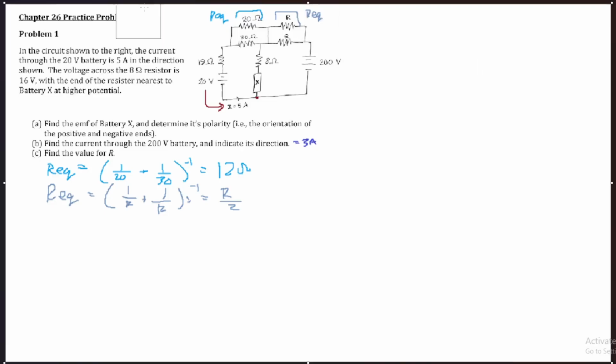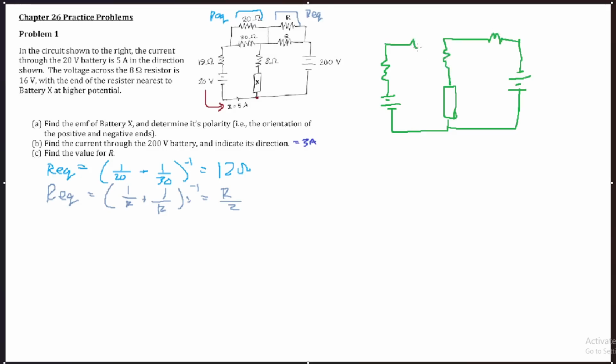We're going to redraw the circuit, but instead of having these extra resistors at the top, we're just going to draw them as one resistor in series.